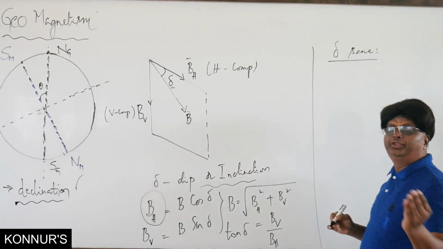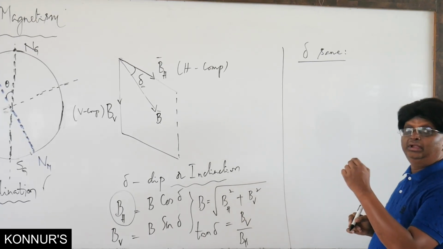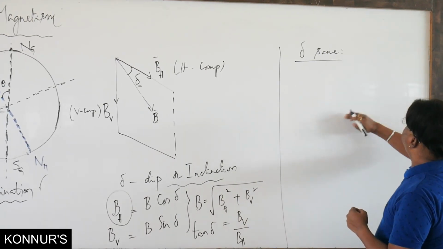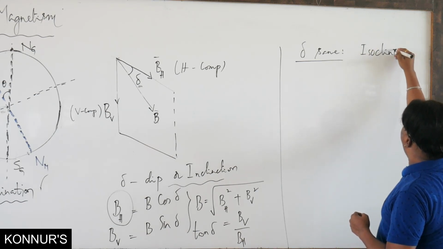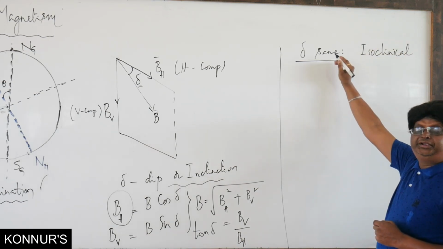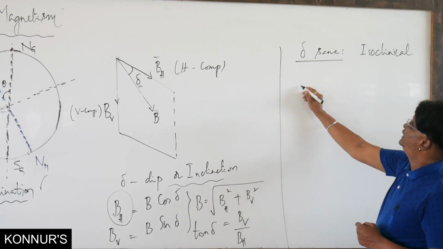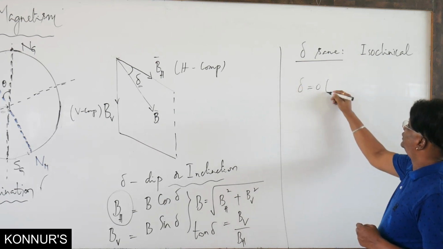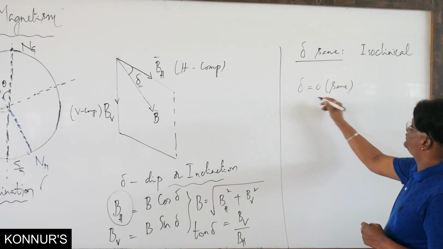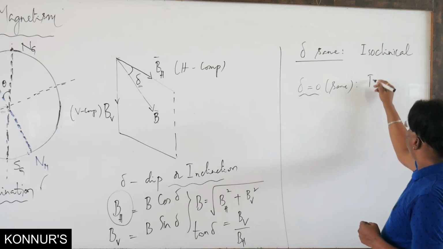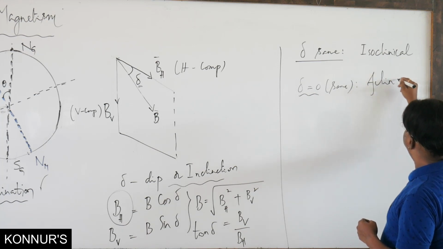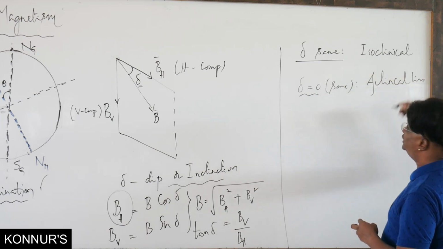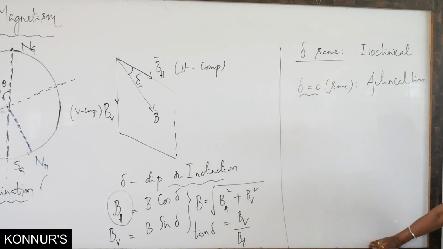If we take the locus, such locus is what is called isoclinic. Remember, isoclinic, dip same, whereas delta equal to 0, same dip but this time delta equal to 0, we call it aclinic lines. So this is also one of the important definitions you can remember.